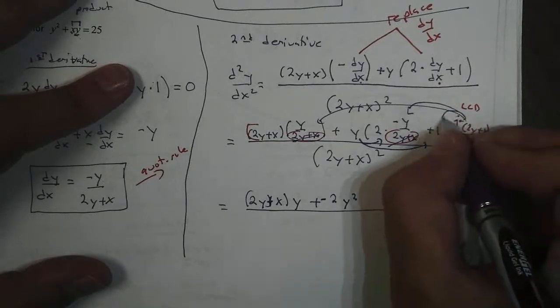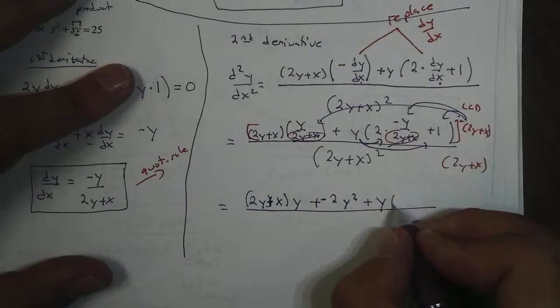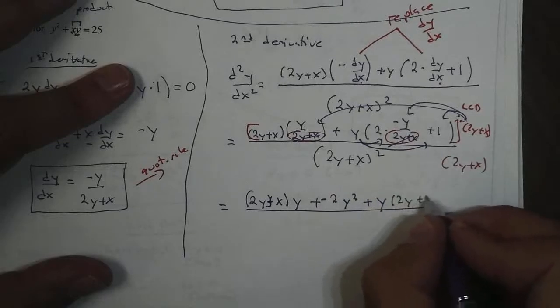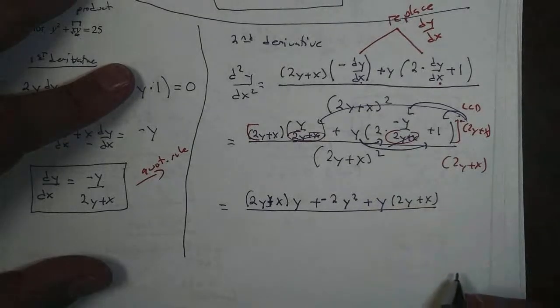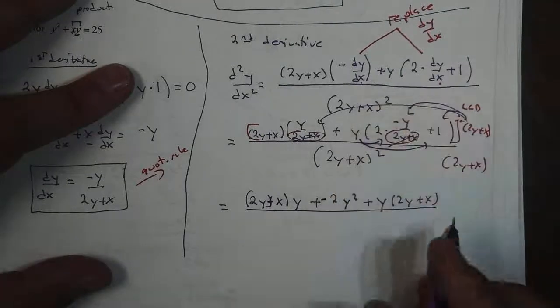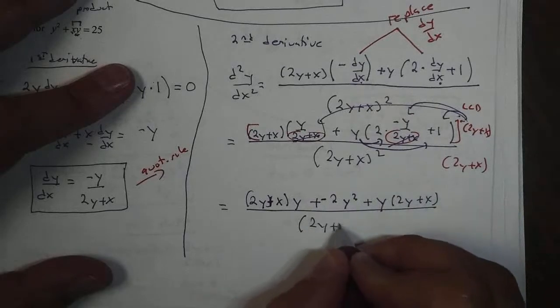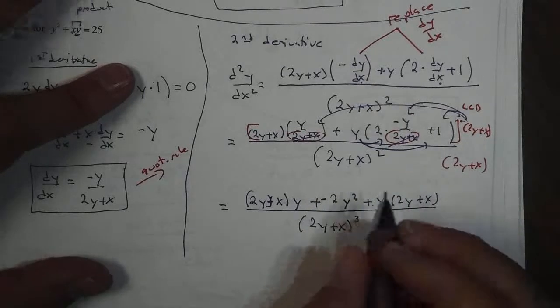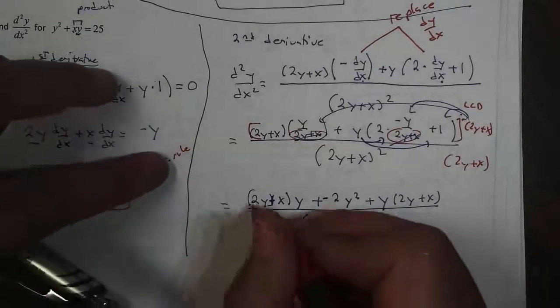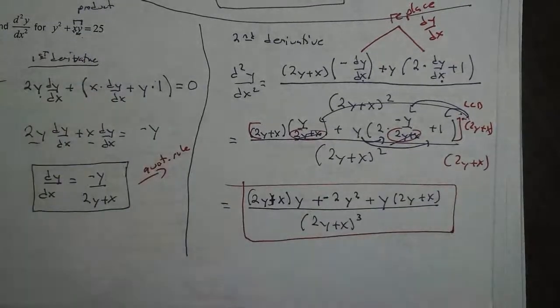And then plus this y gets distributed, and also this 2y plus x gets distributed. I distribute here just because there could be an error with the algebra on this one. And I divide that by 2y plus x cubed. There's my answer. There's my second derivative.